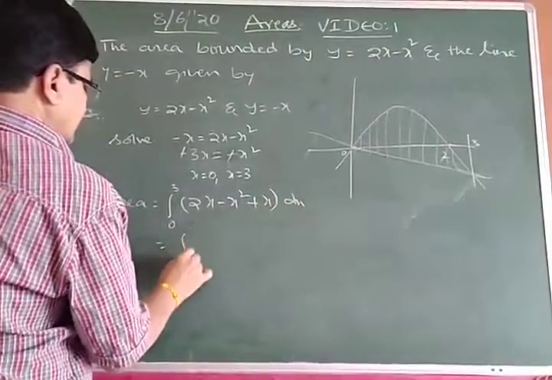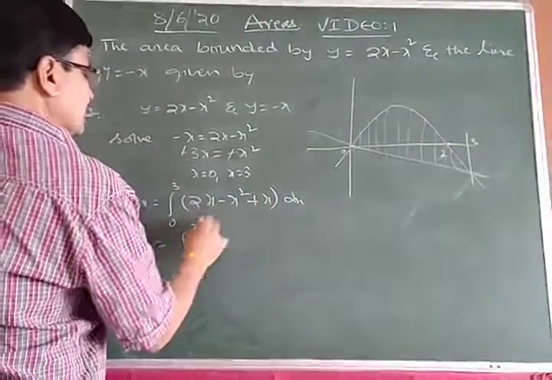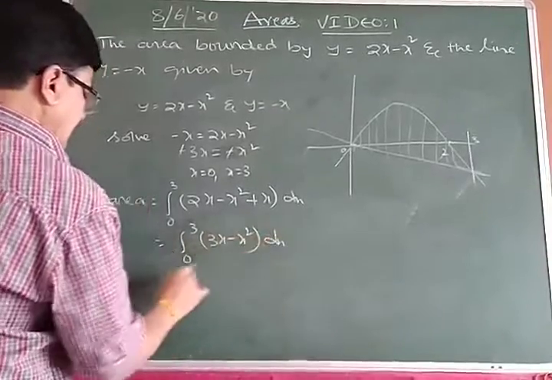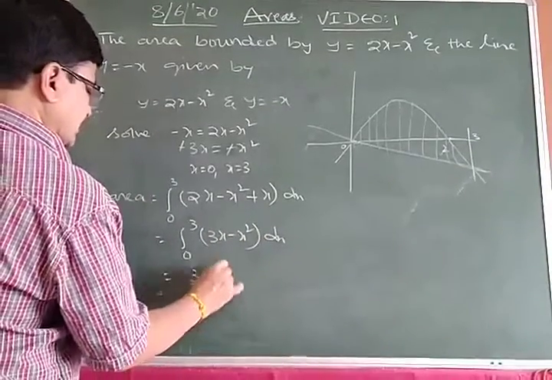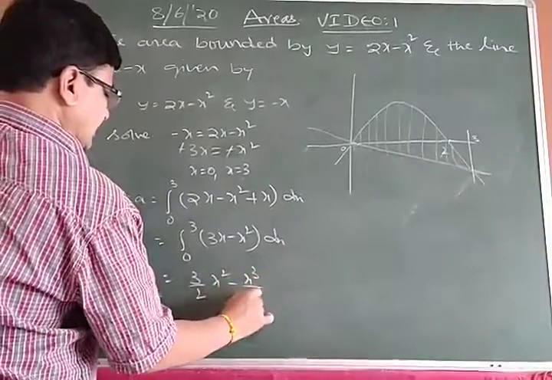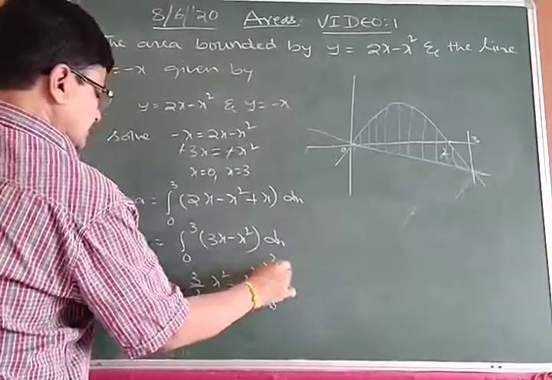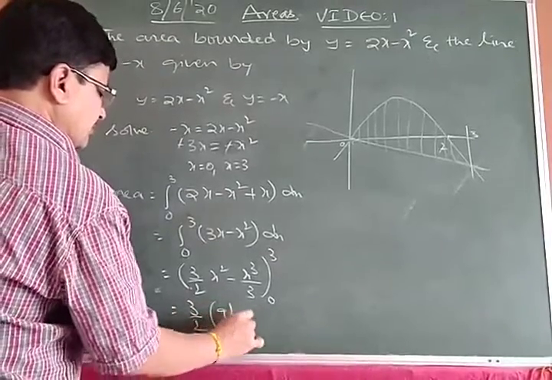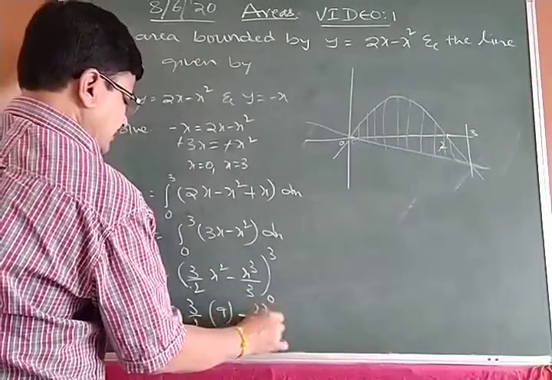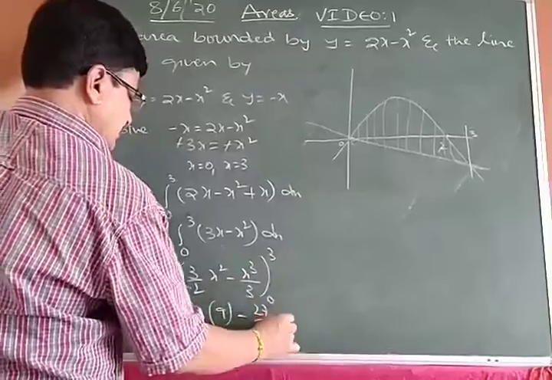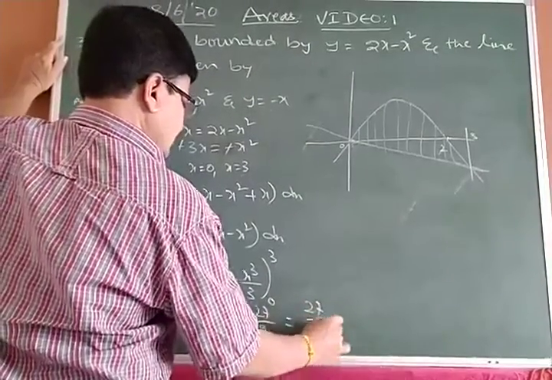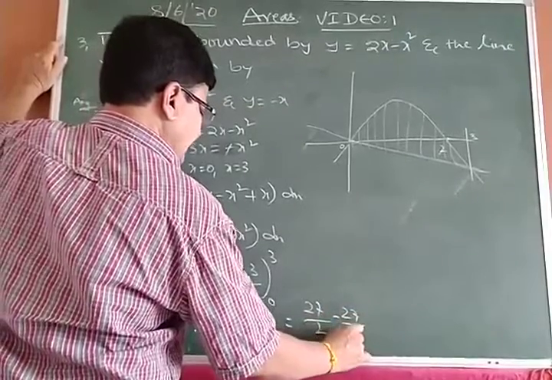So that is integral 0 to 3 of 3x minus x square dx. Now this is 3 by 2 into x square minus x cube by 3, 0 to 3 are the limits. So 3 by 2 into 9 minus 27 by 3, lower limit is 0. So that is equal to 27 by 2 minus 27 by 3.